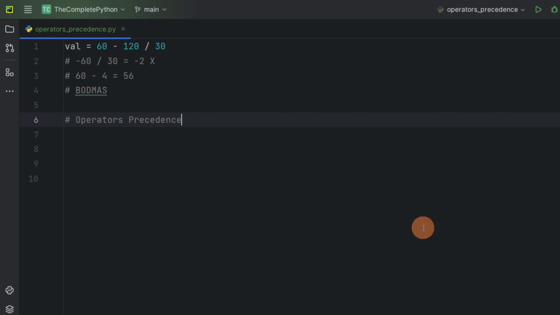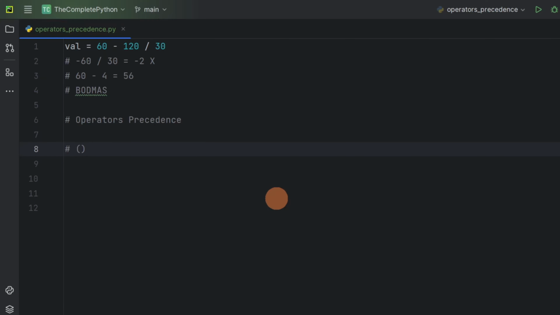Let's try to understand what operators precedence is. Operator precedence decides which operator will be evaluated first. When the Python interpreter simplifies our expression, it will first solve the operator which has higher precedence. Let's look at some of the operators that we have in Python. First, we have parenthesis.